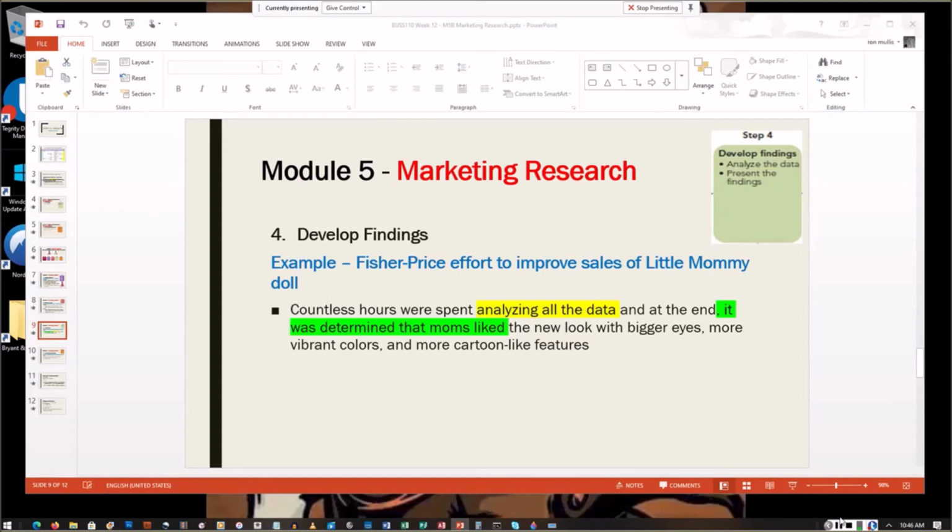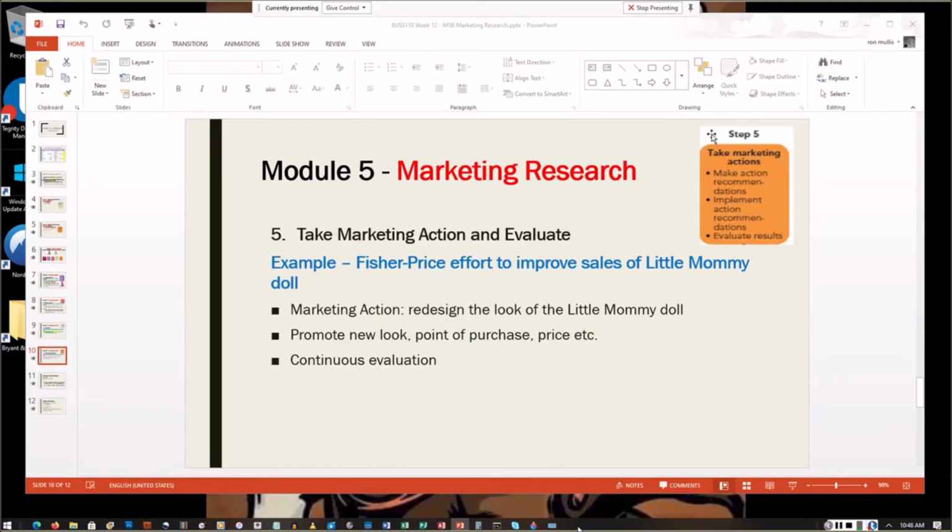So after all of the research had been done, okay, so step 5 is taking marketing action and actually evaluating the marketing action as well. So Fisher Price, after doing steps 1, 2, 3, and 4, they had to decide on if they wanted to go forward with the new look of the Little Mommy doll.